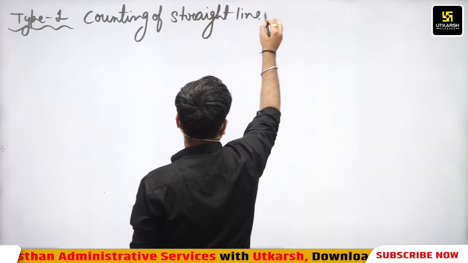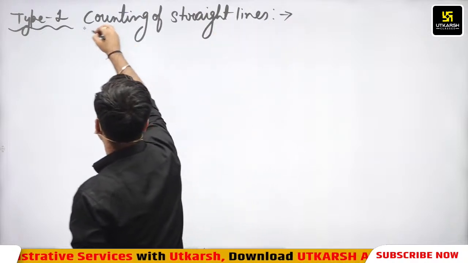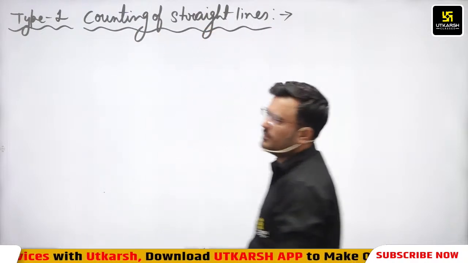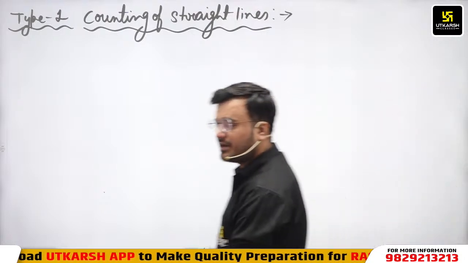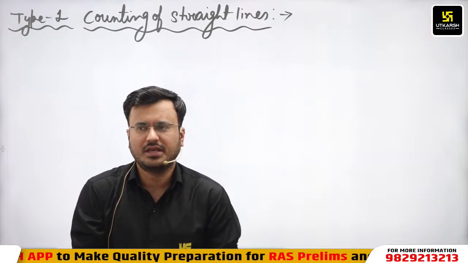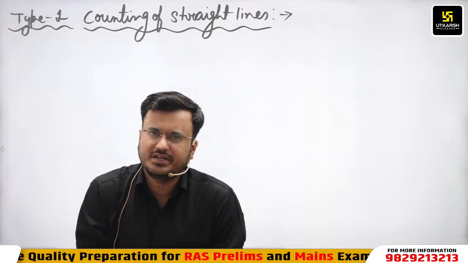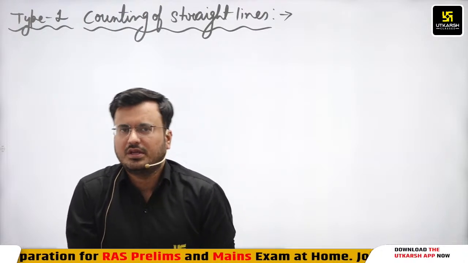In this segment, we need to count how many straight lines are required to draw this figure, or we can say how many minimum number of straight lines are required to draw the given figure.